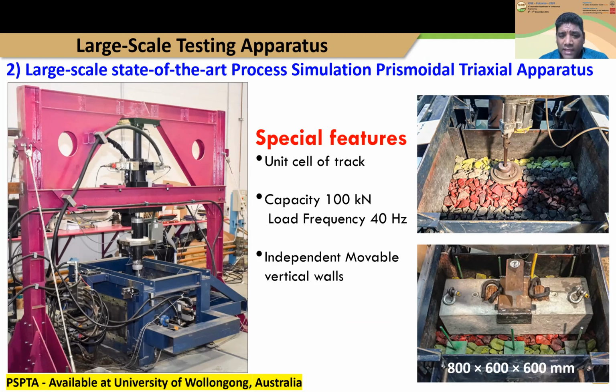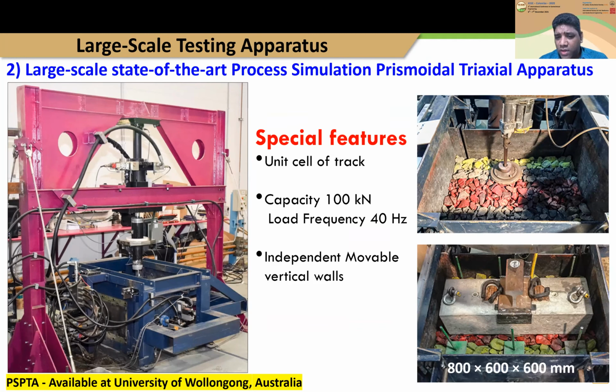This machine has a capacity of 100 kilonewton, and it can run up to a frequency of 40 hertz cyclic loading. The other special feature of this machine is the independent movable vertical walls on the four sides, where we can simulate realistic rail track boundary conditions in the laboratory.